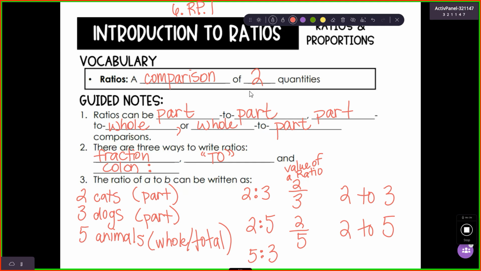Whatever they say first, that's what you write. Well, we just said 5 animals to 3 what? 3 dogs. So this will be 5/3. And that is called a value of a what? Ratio. So 5 to 3.